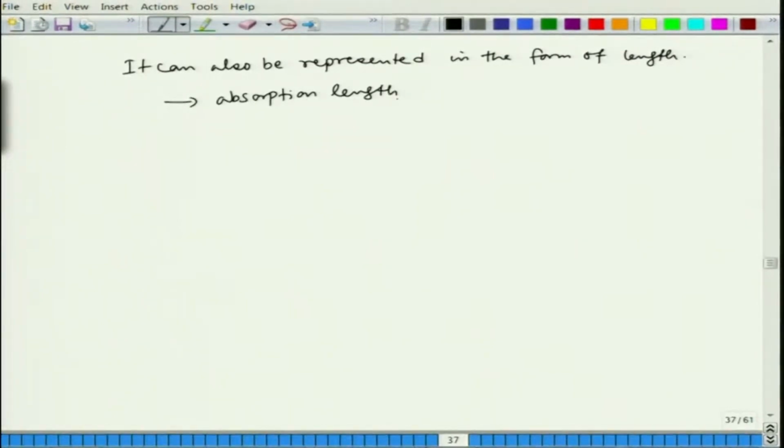So, basically the absorption length L_A, L is the length and A is the absorption, we can write it to be 1 over alpha. So, absorption length will be lower when the absorption coefficient is higher. So, the intensity drop will be much faster in the length scale.